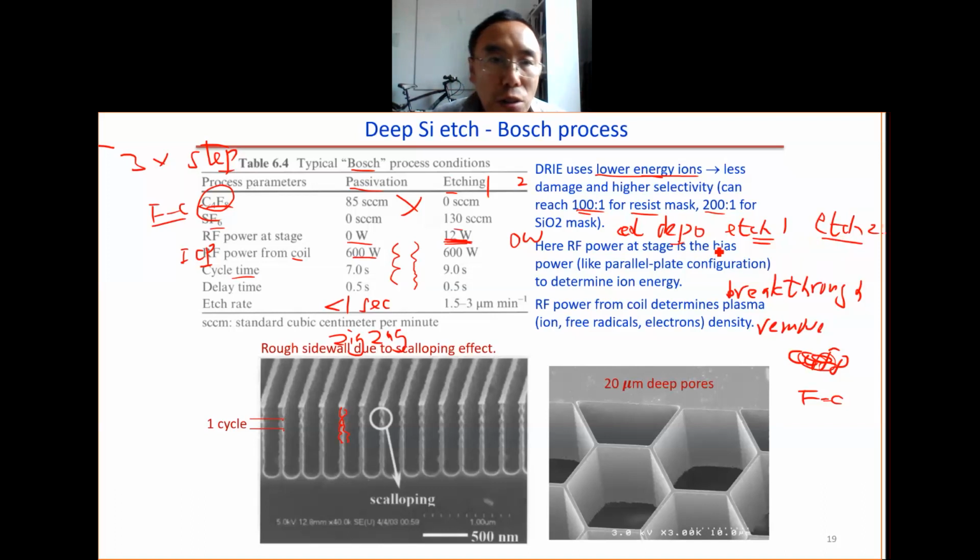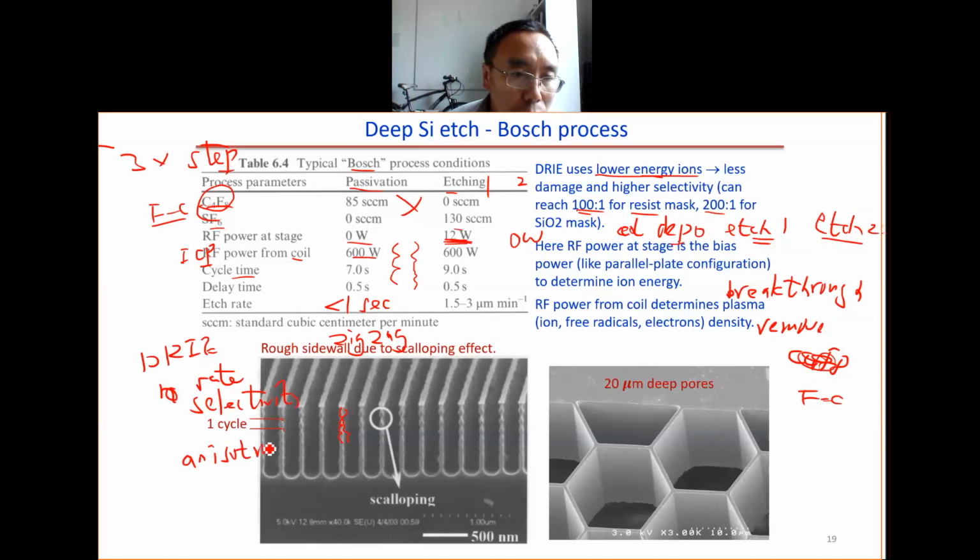It is very powerful. So in short, this deep RIE has extremely high etch rate, very good selectivity, and it's very anisotropic. It gives you the vertical side wall. So you can see high rate, high selectivity, and very anisotropic.